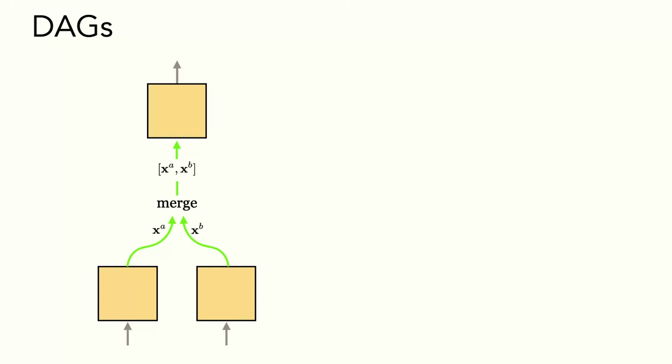There are actually only two operations that you need to make everything we just talked about work for any arbitrary directed acyclic graph: merging and branching. Assume you have some merge, which could be addition, concatenation, what have you. You have some functional components that you're merging together to move forward through your directed acyclic graph.